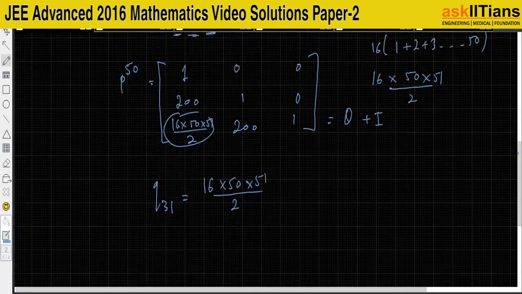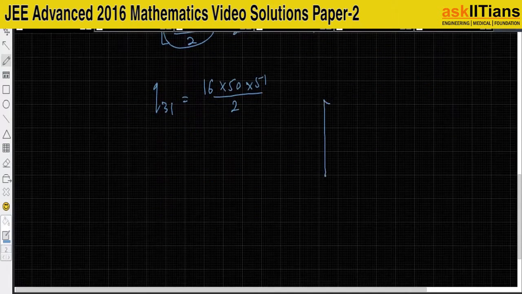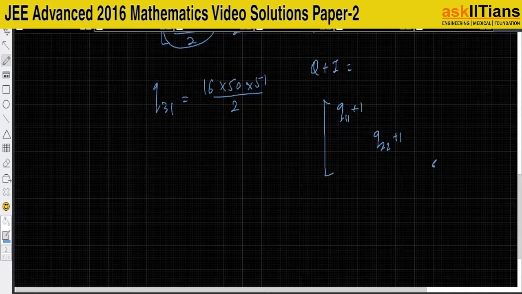Let me assume that matrix Q is something like this. Q plus I will be Q11 plus 1, Q22 plus 1, Q33 plus 1, and everywhere else it will be the same: Q12, Q13, Q21, Q23, Q31 and Q32.